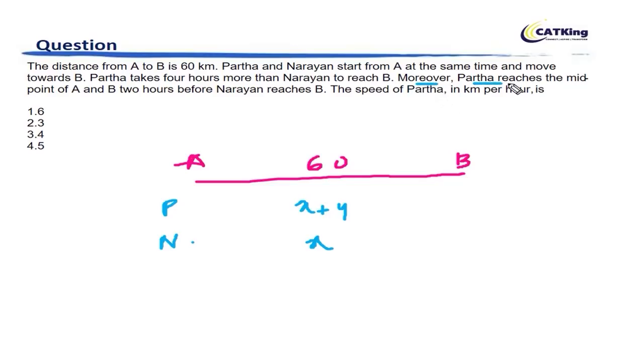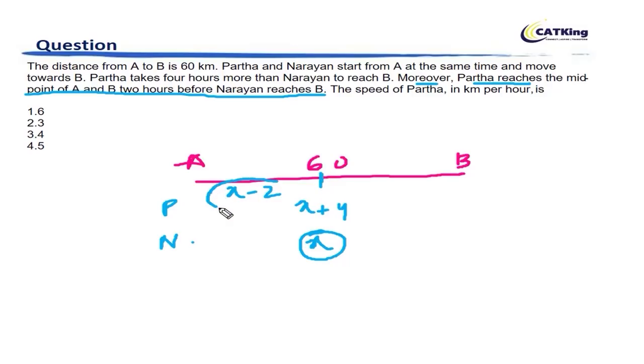It also says that Partha reaches the midpoint of A and B 2 hours before Narayan reaches B. So Partha reaches the midpoint 2 hours less than the time that Narayan takes to reach B. Narayan takes X time to reach B, so Partha will take X minus 2 hours to reach the midpoint.